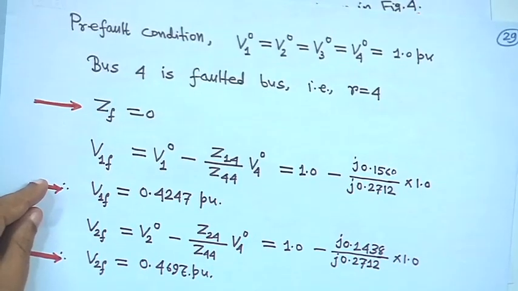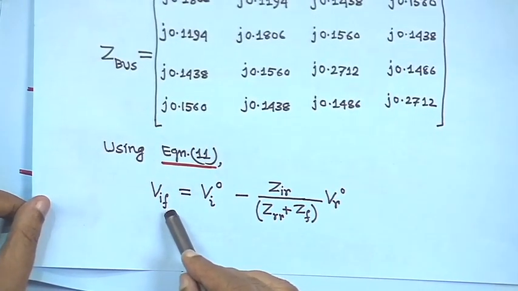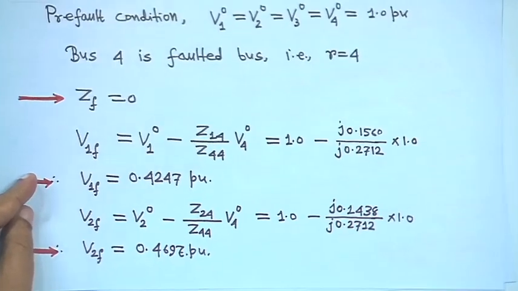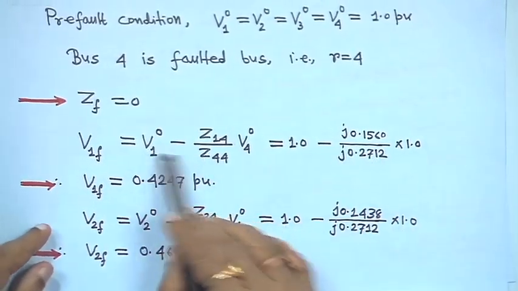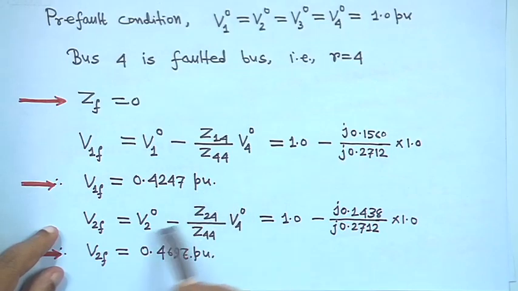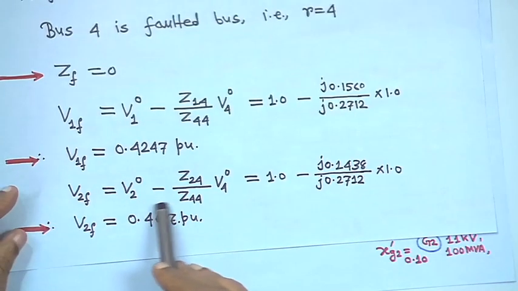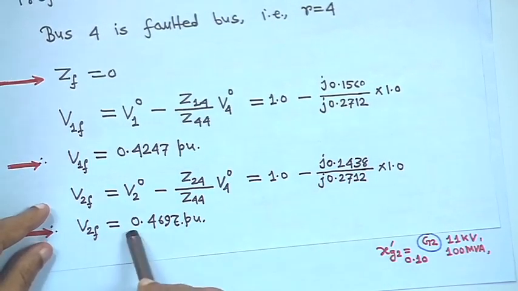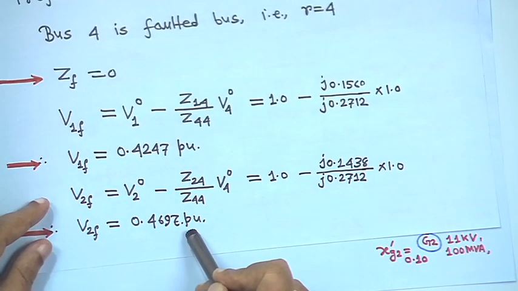In this equation you put I is equal to 1, 2, 3, 4. Then, substituting all these values, you will get V1f equal to 0.4247 per unit. Similarly, V2f is V20 minus Z24 by Z44 into V40, and you will get 0.4697 per unit.